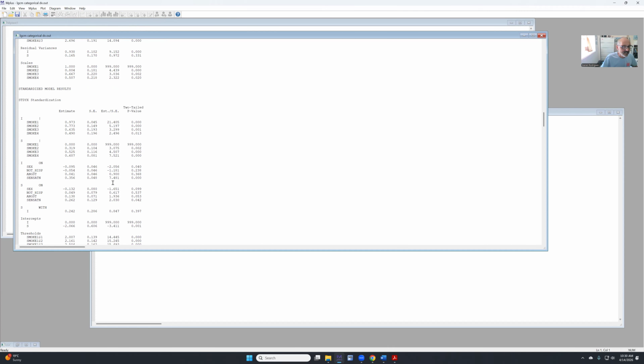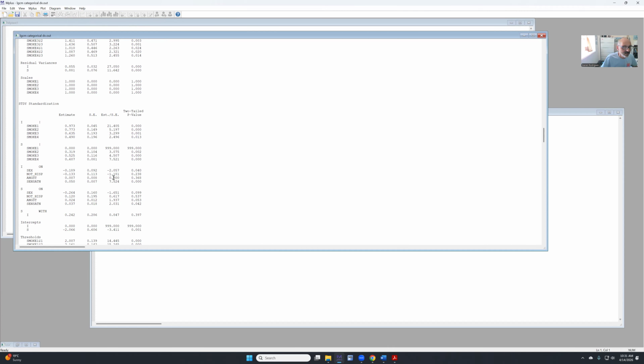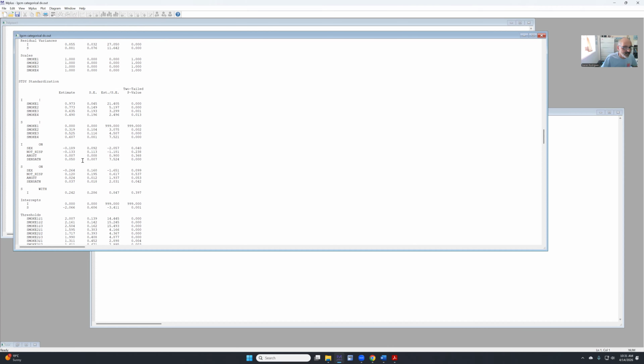Then you'd look at the standardized values to see what we have in terms of magnitude. Gender, or sex, is more important at baseline than sensation seeking, right? Because it has a higher magnitude, ignoring the sign.